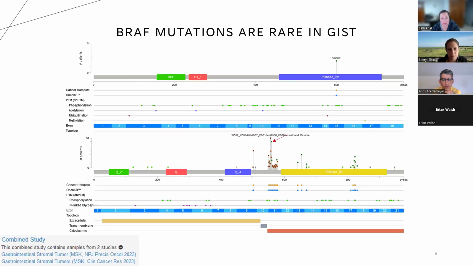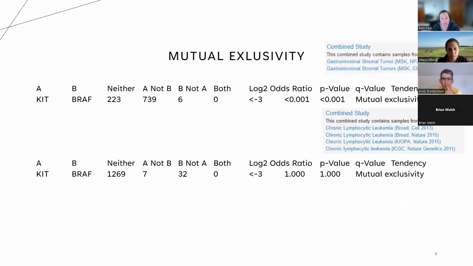So I did prepare one. This is something I prepared for today, so it's statistically not exactly sound. I went into cBioPortal and tried to find all the studies related to GIST or to CLL, and looked just for KIT and BRAF mutations, independent of where they're located.